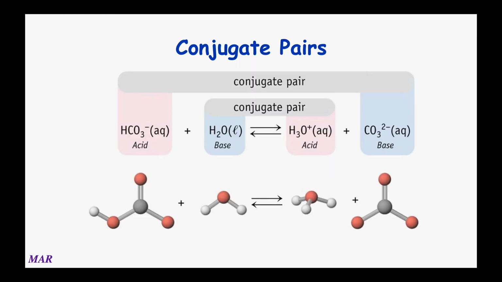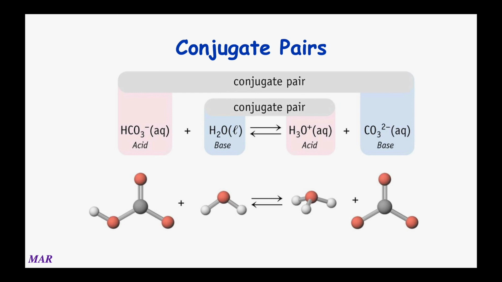Here's hydrogen carbonate. Hydrogen carbonate is a weak acid. It reacts with water and makes hydronium, because acids should be creating hydronium somewhere or another, just like bases will create hydroxide, and carbonate. Now you can see where the conjugate pairs are.